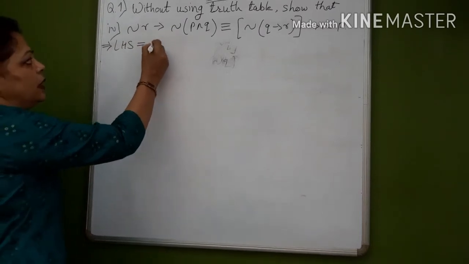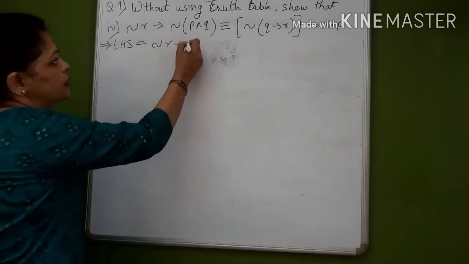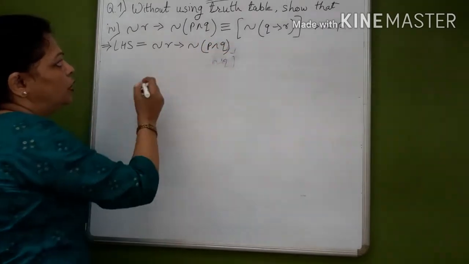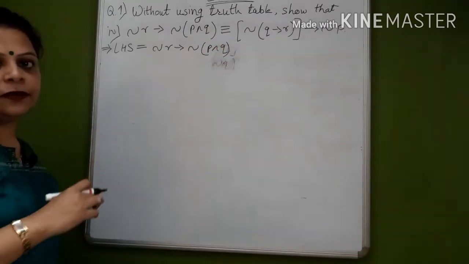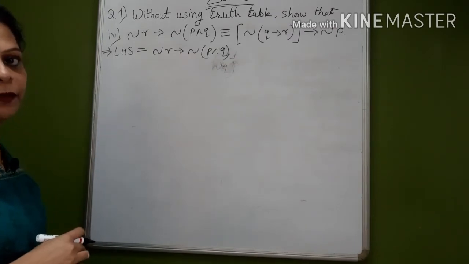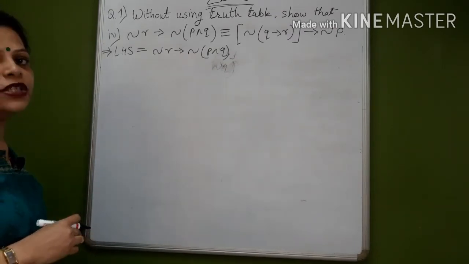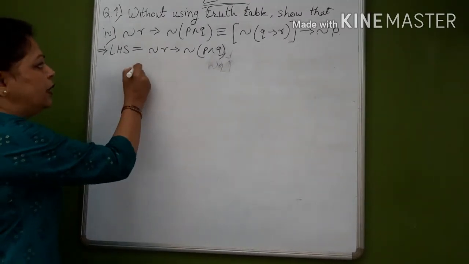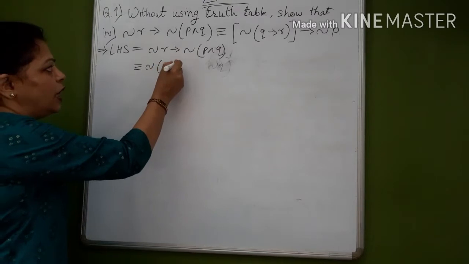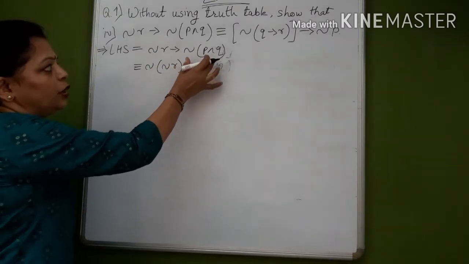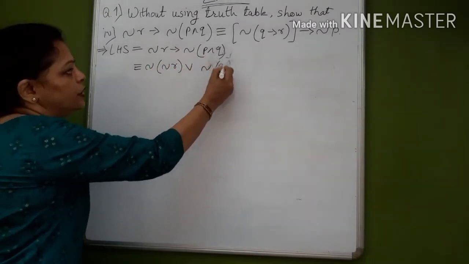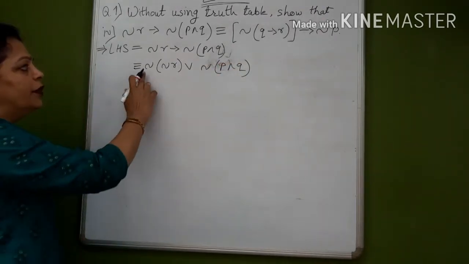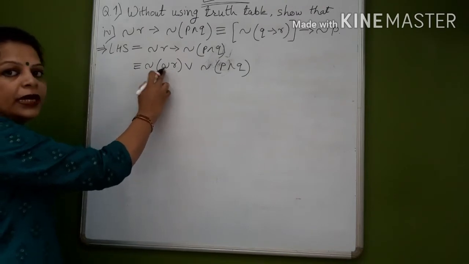Your LHS is negation R implies negation P and Q. So this is your implication statement, and you know that P implies Q is negation P or Q. Now over here you will write negation of negation R or negation P and Q. Now over here negation of negation R will be R itself.